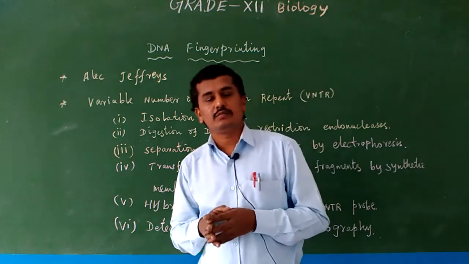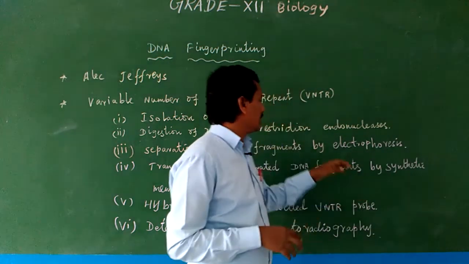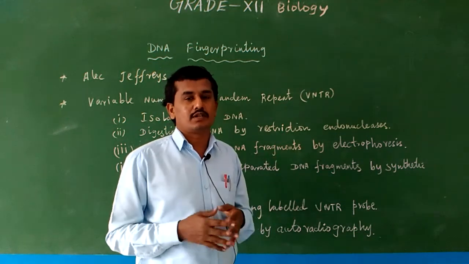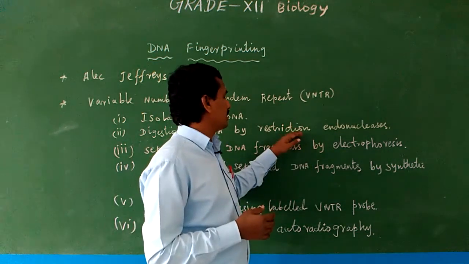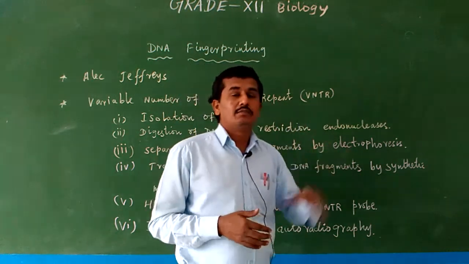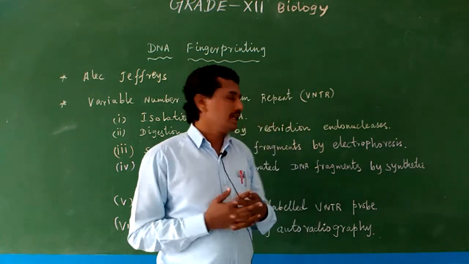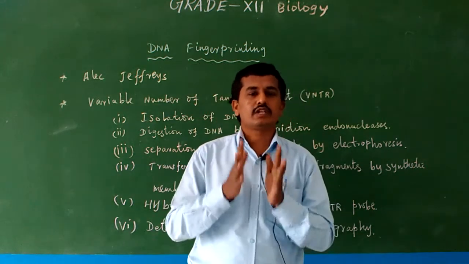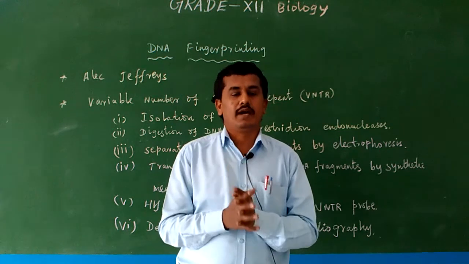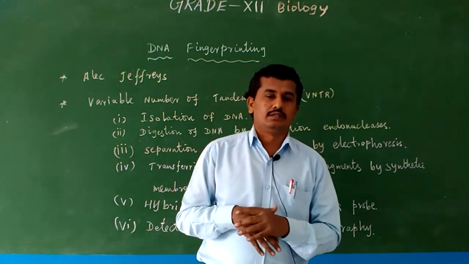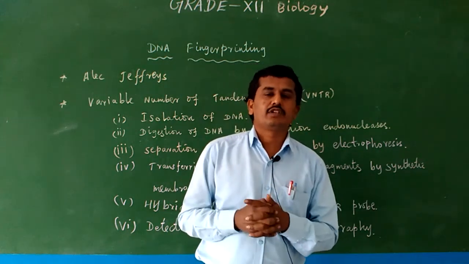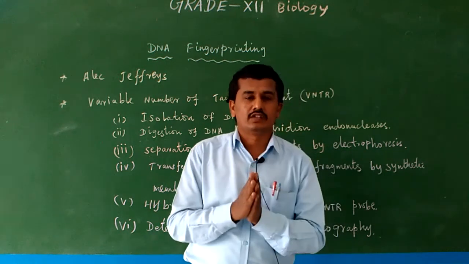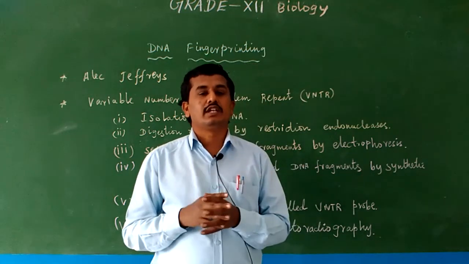Restriction endonuclease is an enzyme which cuts the DNA at a specific point. We will see these enzymes in the next biotechnology unit. For example, EcoRI is an example of a restriction endonuclease. So restriction endonuclease is an enzyme which cuts the DNA.